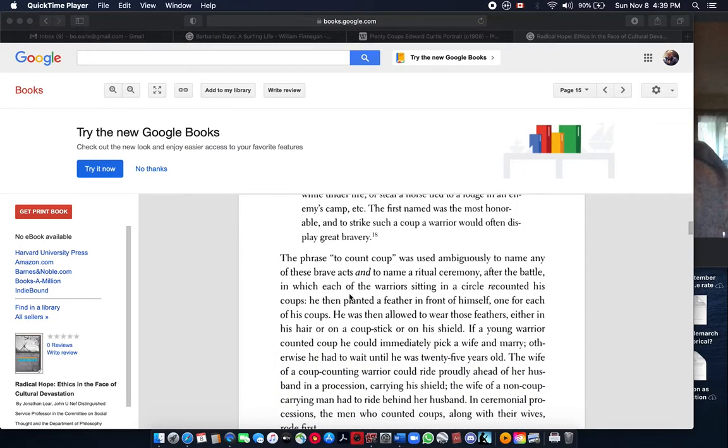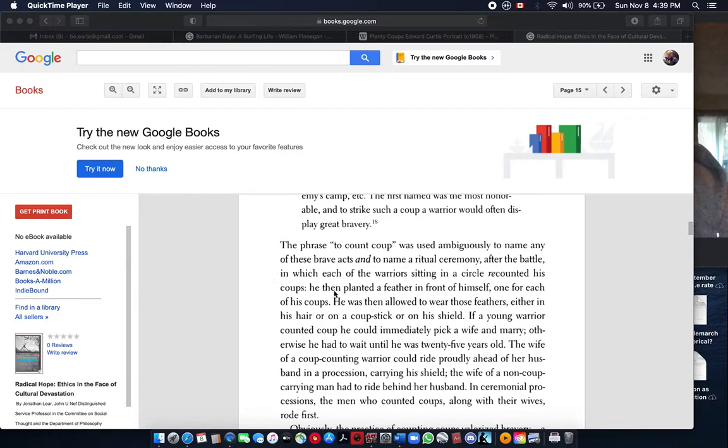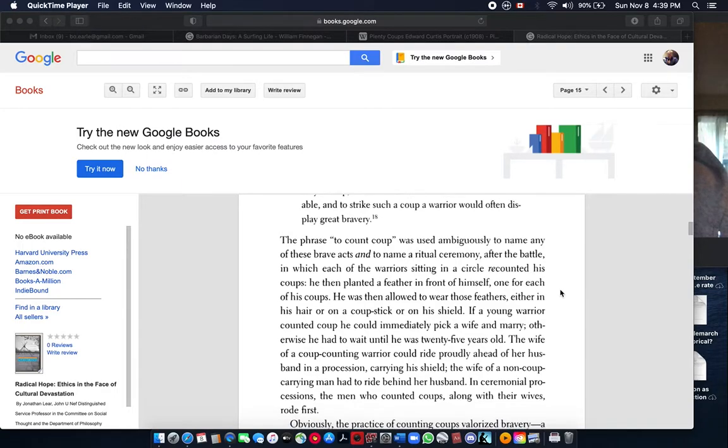The phrase "to count coup" was used ambiguously to name any of these brave acts, and to name a ritual ceremony after the battle, in which each of these warriors, sitting in a circle, recounted his coups. He then planted a feather in front of himself, one for each of his coups.